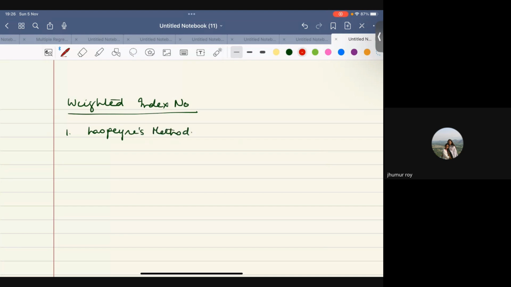In this, we write P01 is equal to sigma P1Q0 upon sigma P0Q0 multiplied by 100.